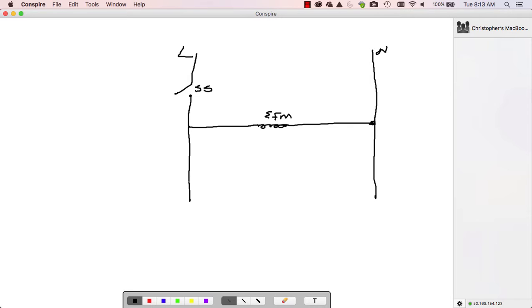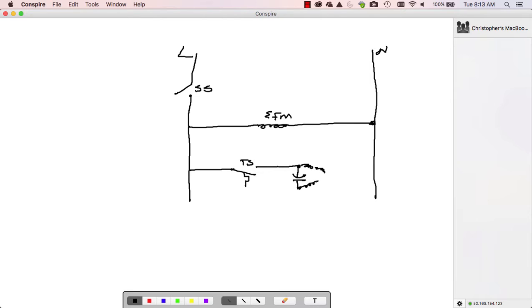Now we have a PSC motor that is cycled based on a cooling thermostat. So let's draw in my cooling thermostat. And let's go ahead and draw my PSC motor. Remember, a PSC motor has a run cap in it that is always in the circuit.